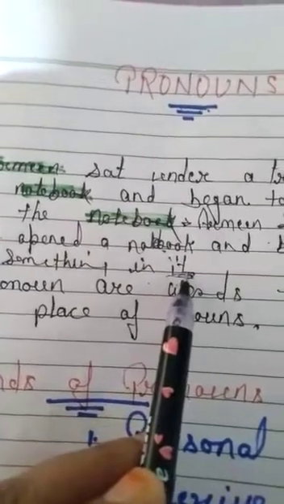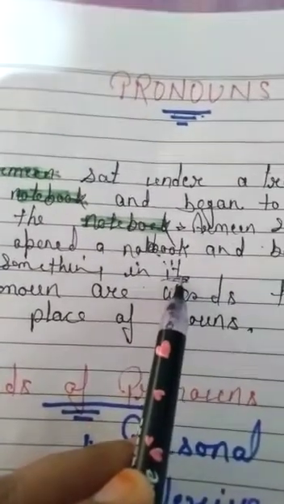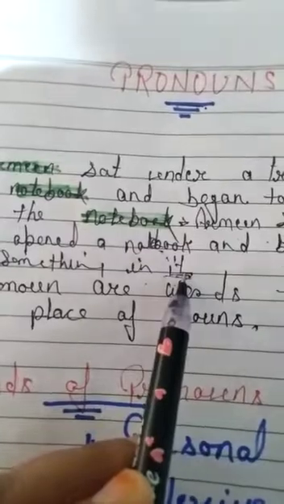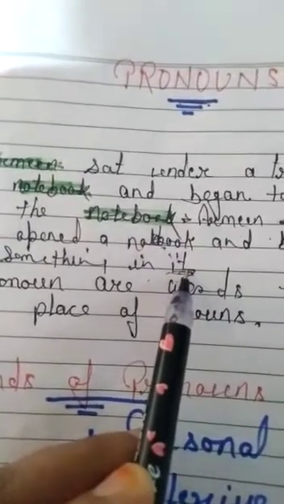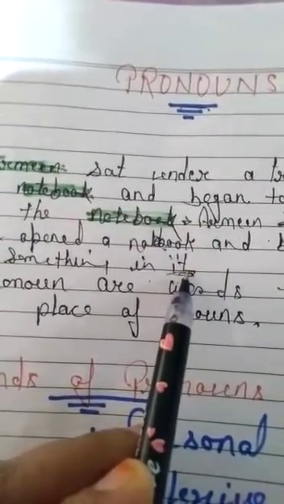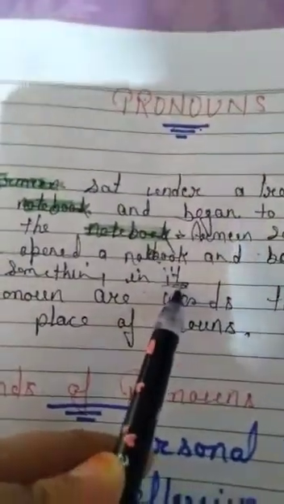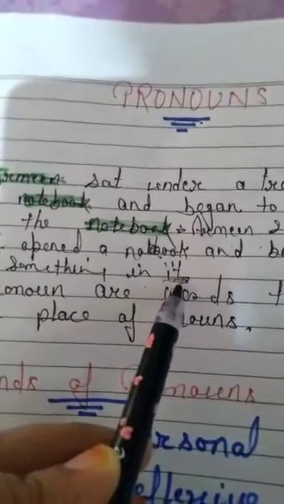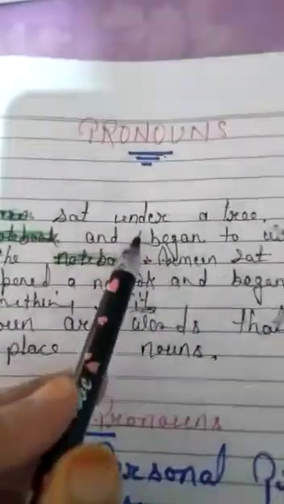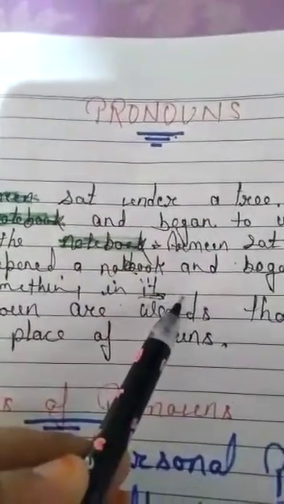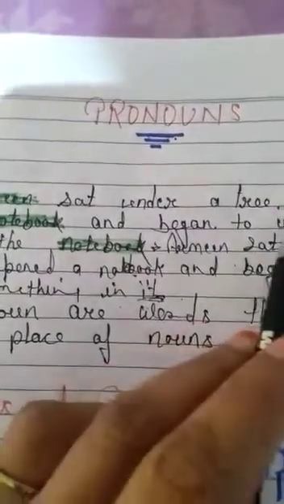So you can see here that if we repeat some noun in a sentence and we change these nouns to some other words, then the sentences are better. And so what are these words?